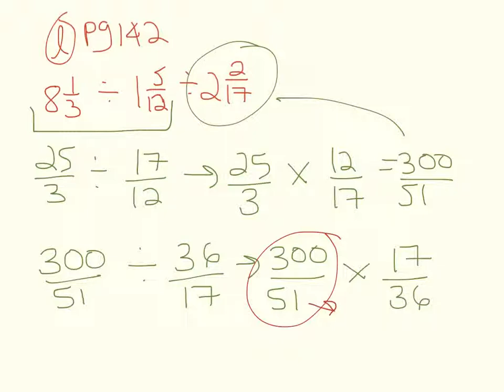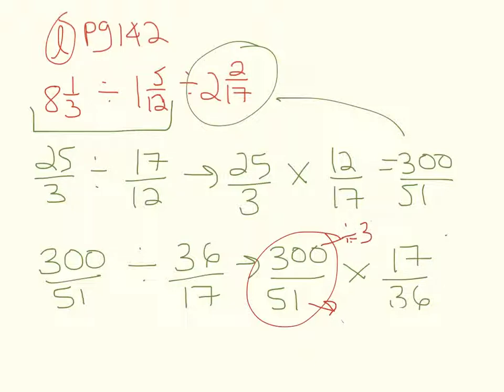So, for instance, 51, 5 plus 1 is equal to 6. Can 3 go evenly into 6? Yes, it can. It can go in 2 times. Same to be said about 300. 3 plus 0 gives you 3. Can 3 go into 3? Yes, it can. So we can actually reduce this fraction first by dividing our numerator and denominator by 3.